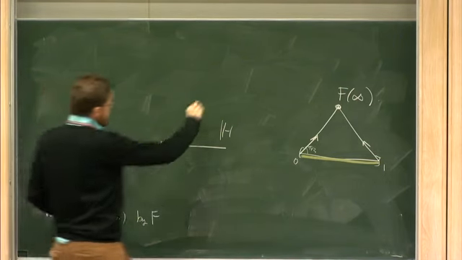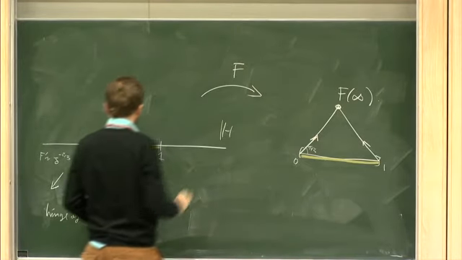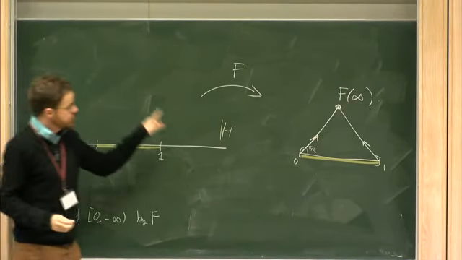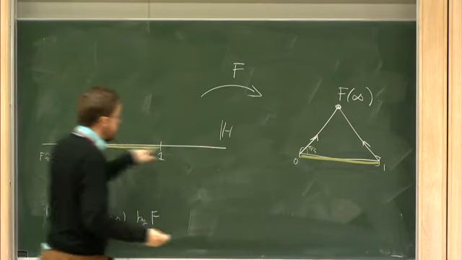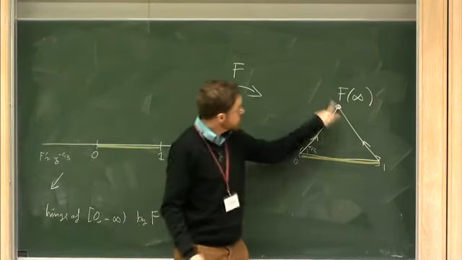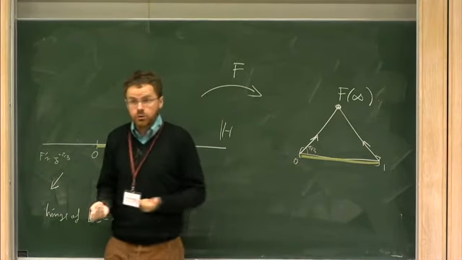So that's it. We have an f which goes from H to the complex plane, but it sends the boundary of H to the boundary of this triangle, which is exactly the equilateral triangle.